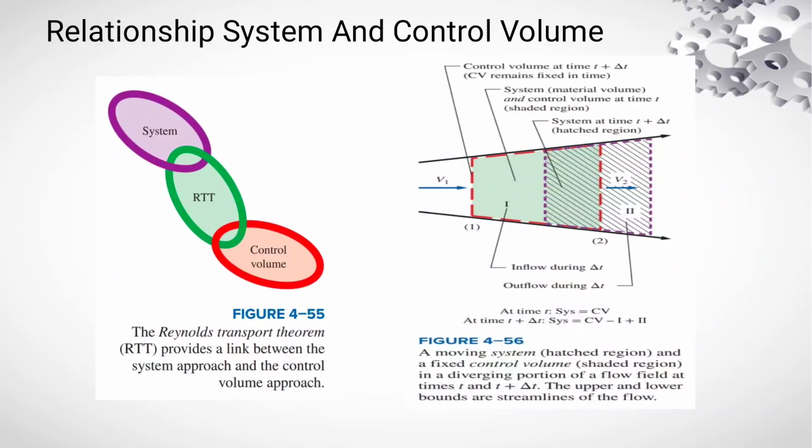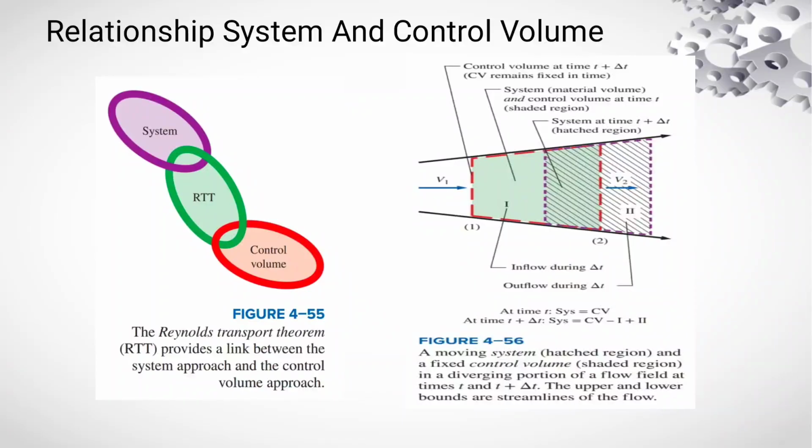The green region on the left is the inflow during delta t. The uncolored region on the outside is the outflow during delta t. The control volume at time t plus delta t is the green region.